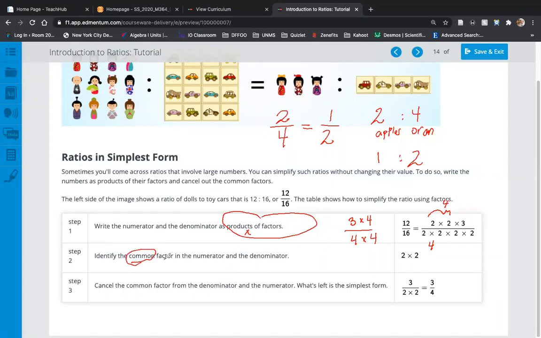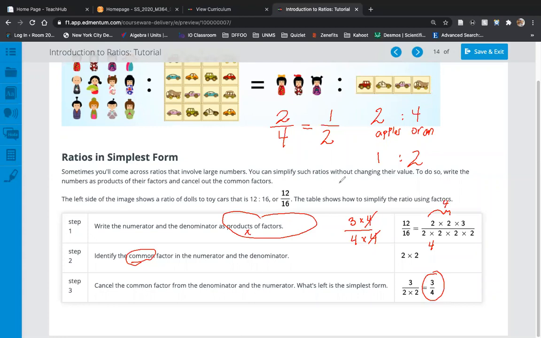Common just means the same, in the numerator and the denominator. So in both of these on the top and the bottom, I have a 4, right? So what you can do with fractions is if you have the same number being multiplied on the top and on the bottom, I can get rid of a 4 from here, I can get rid of a 4 from here. So in essence, I'm left with just this chunk here, this 3/4.